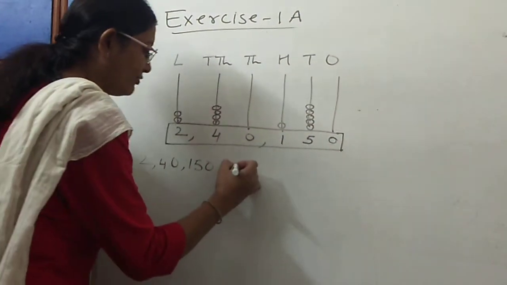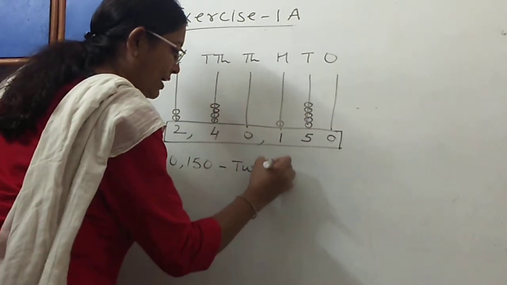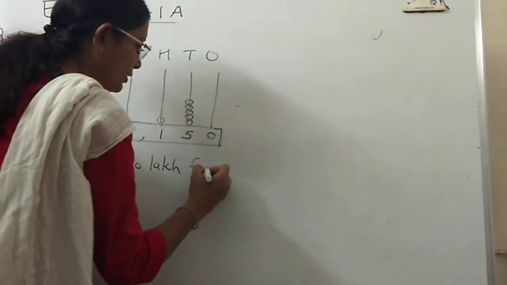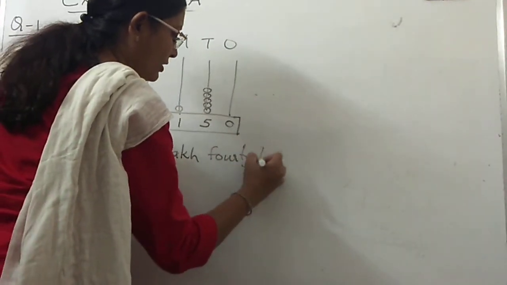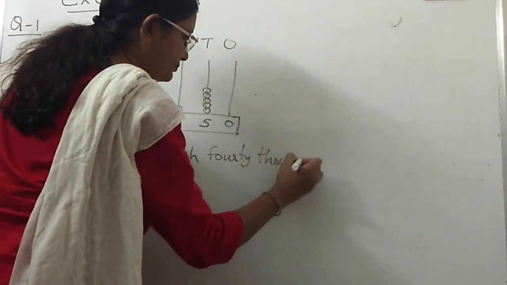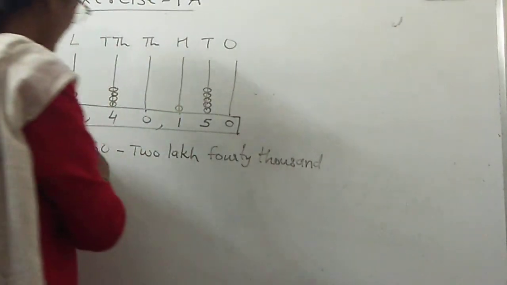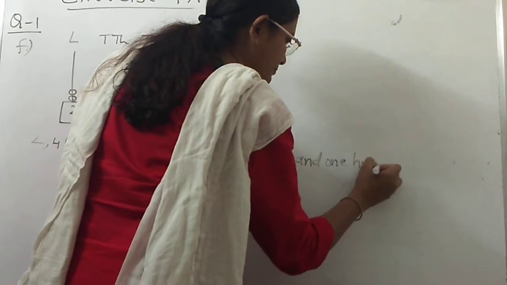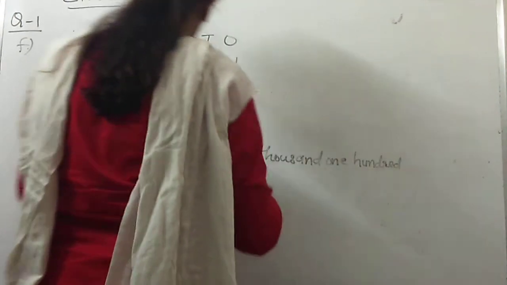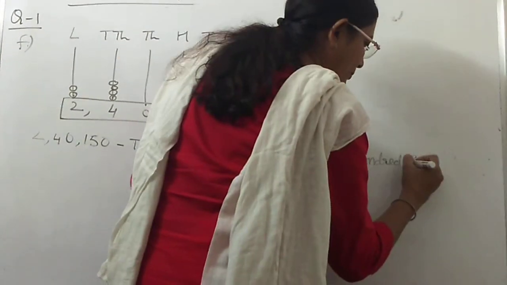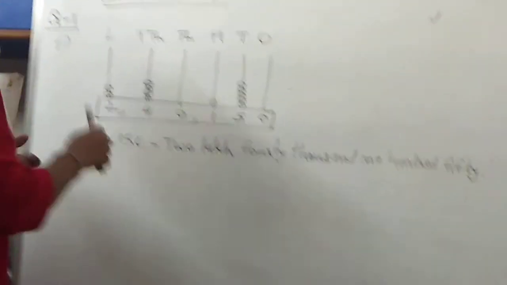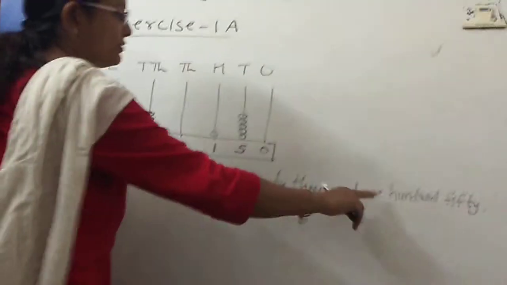How will you write in words? 2,40,000 150. Okay, that is what you will write: 2,40,150. This is question number 1.